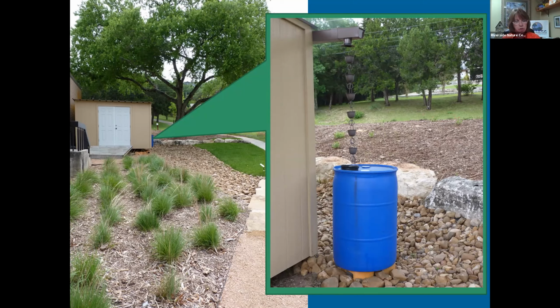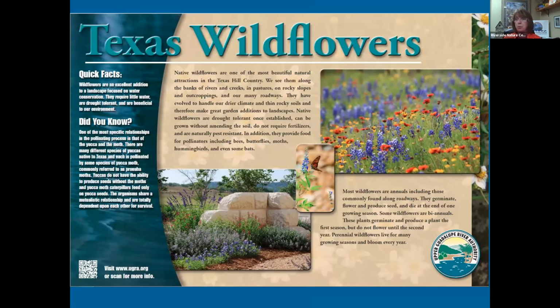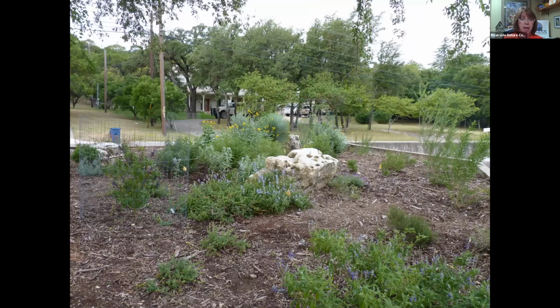So this takes us to our fourth interpretive sign, which is the Texas wildflowers. The Texas Hill Country Master Naturalists have put in a pollinator garden, and it is seeded with all kinds of different wildflowers.